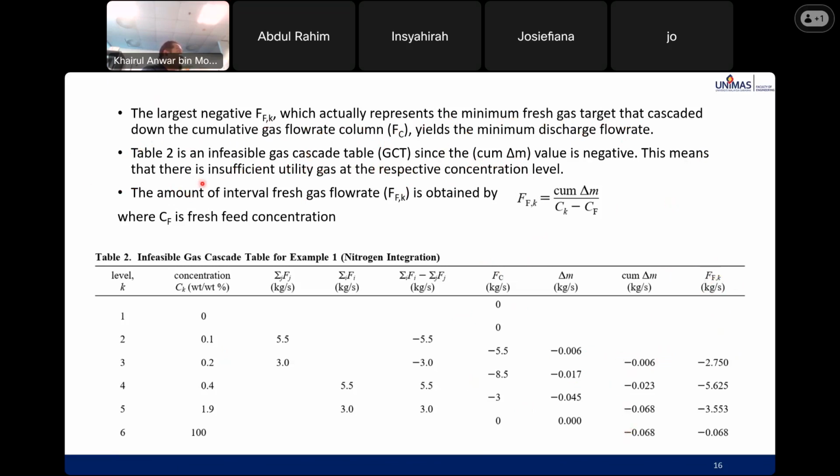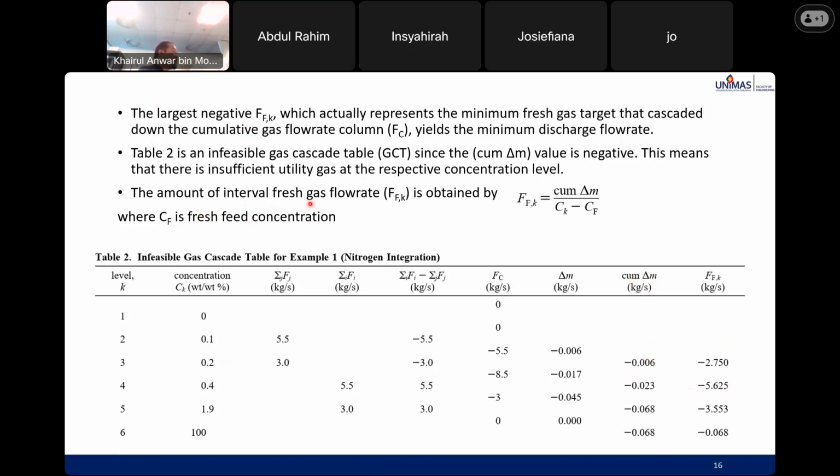This means that there is insufficient utility gas at the respective concentration level. So for FC here, we need the pinch value from here, 5.626, added to the FC in order for the cumulative delta M to be non-negative, to remove all the negative values.